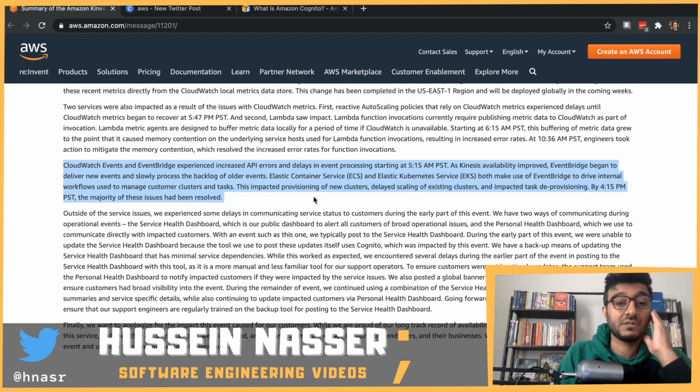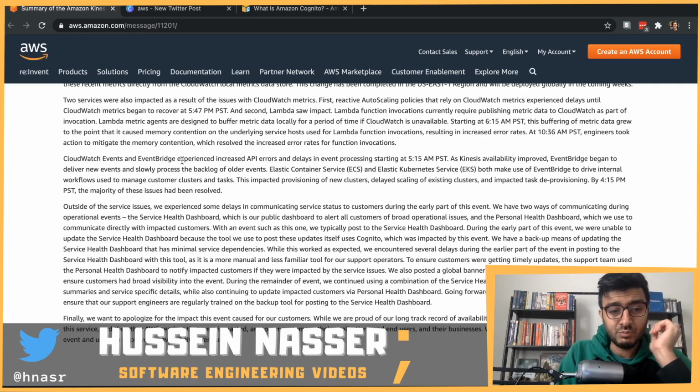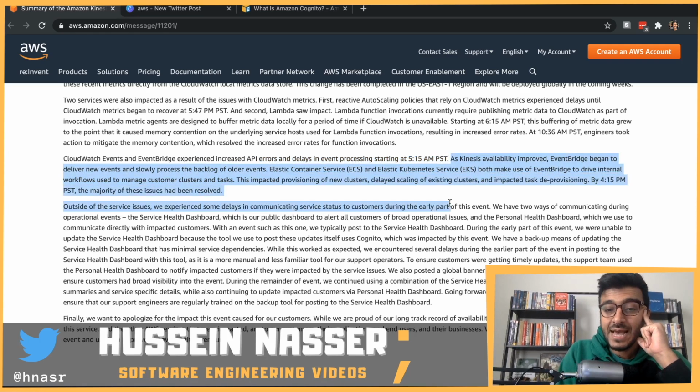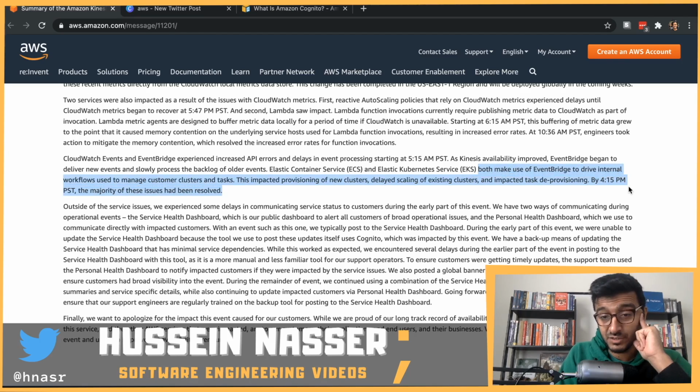Some metrics. CloudWatch Events and EventBridge experienced increased API errors and delays in event processing starting at 5:15 a.m. As Kinesis availability improved, EventBridge began to deliver new events and slowly process the backlog of older events. Elastic Container Service and Elastic Kubernetes Service both make use of EventBridge to drive internal workflows used to manage customers' clusters.